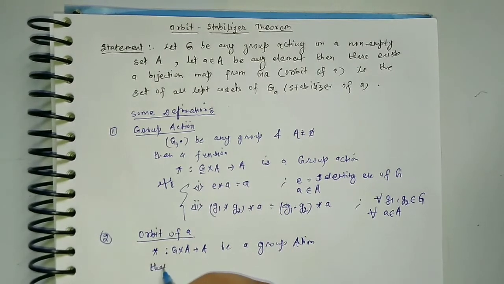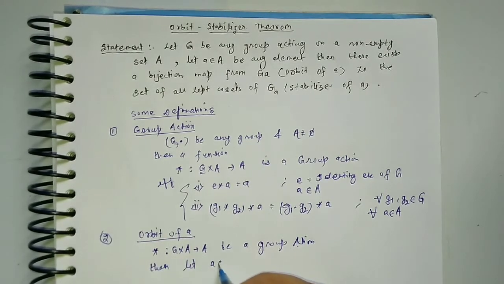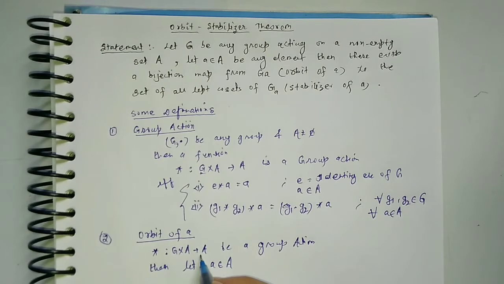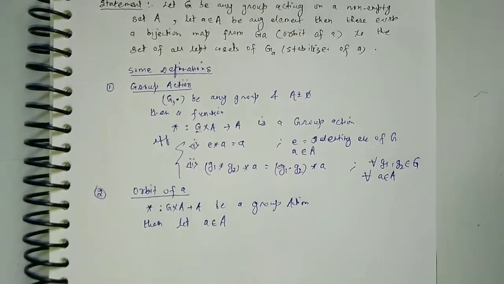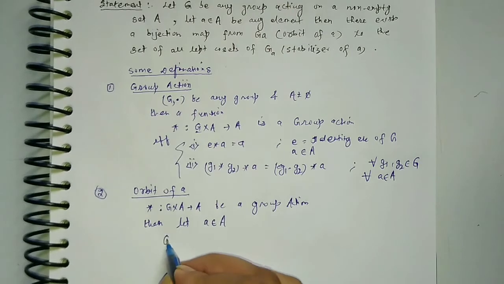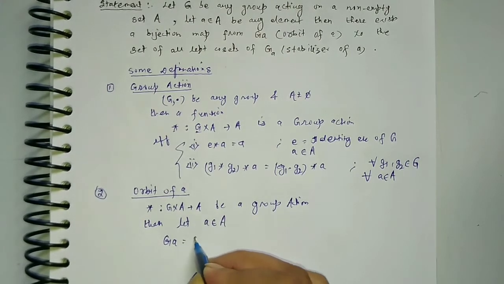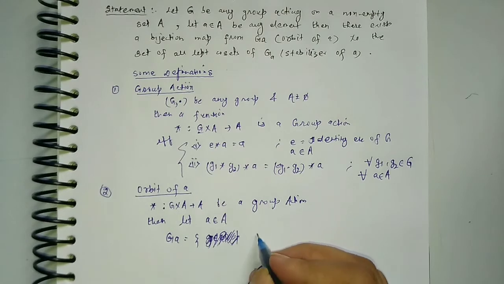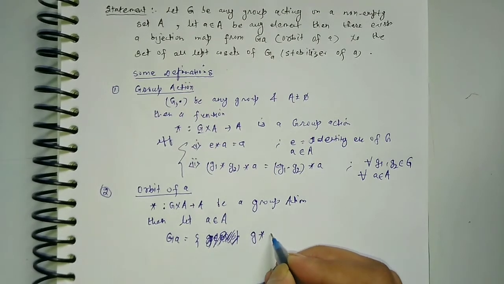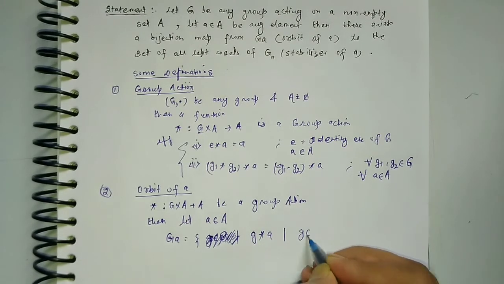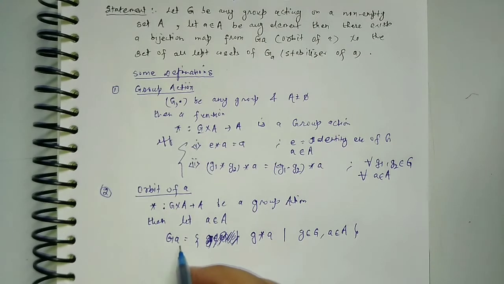Then let small a be any element from this non-empty set A. Then orbit of a can be defined as a set Ga, which is the set of elements like g star a, where g is from capital G. Then this set is called orbit of a in G. Also this is called orbit of G containing element small a.